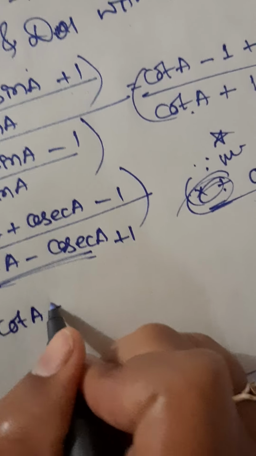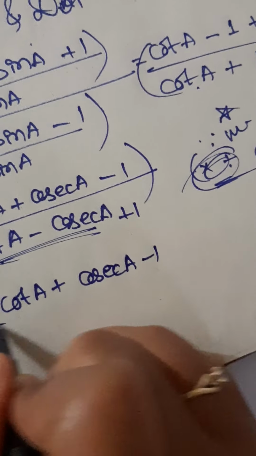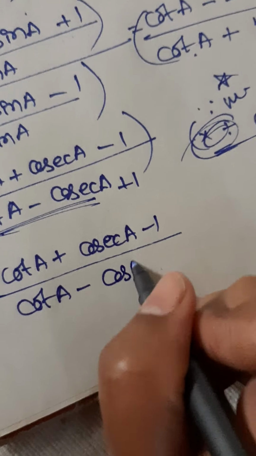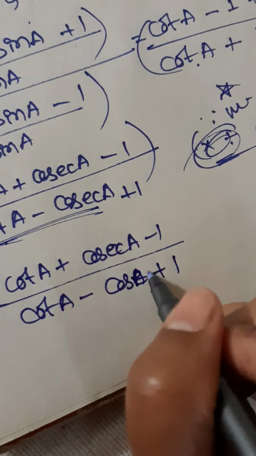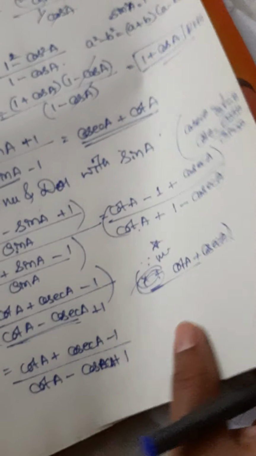Cot A plus cosec A minus 1 divided by cot A minus cosec A plus 1. Okay, we'll take the next one. We'll start here, this continued form.